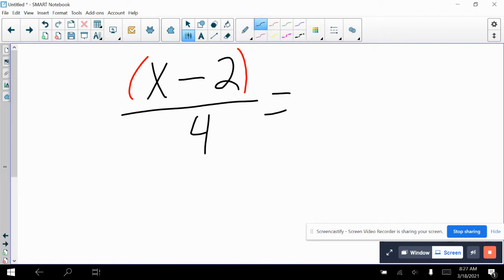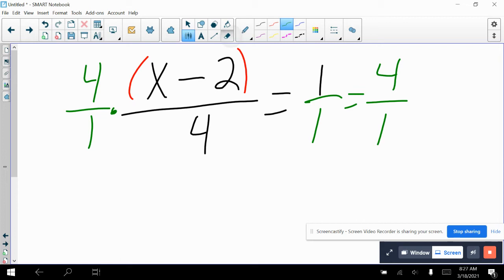We are going to take the reciprocal of 4 over 1. That is correct. Very good. And now these cancel out, and now we're left with x minus 2 equals 4.